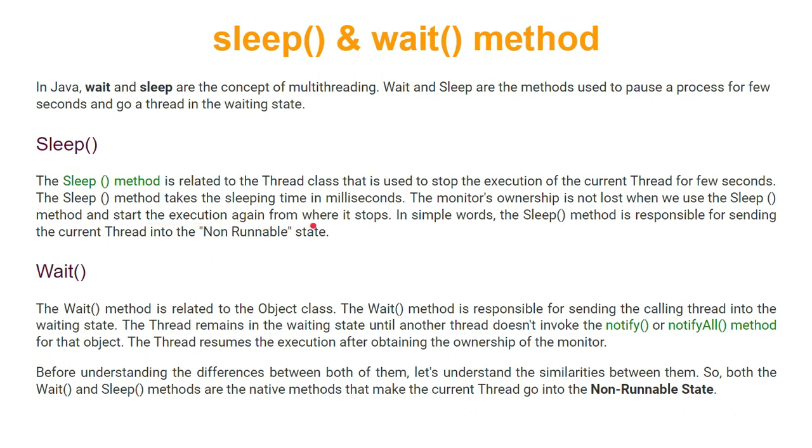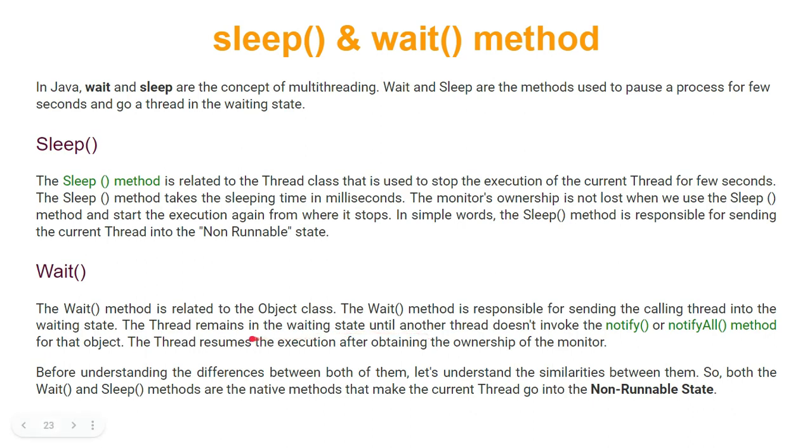Whenever you use sleep, it will stop for the few seconds, whatever time you have given, and after that it will automatically start. There is no need to do anything. In simple words, the sleep method is responsible for sending the current thread into the non-runnable state. But if you go with the wait method, the thread remains in the waiting state.